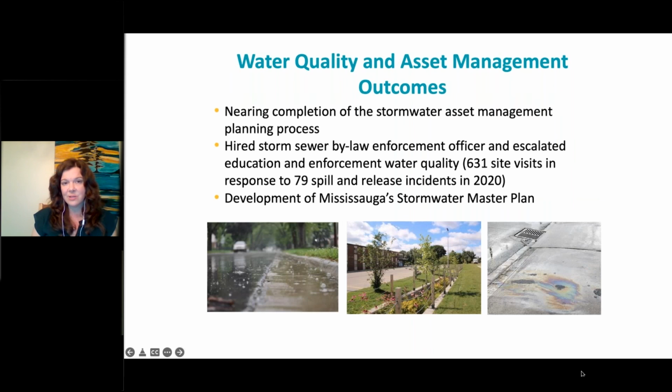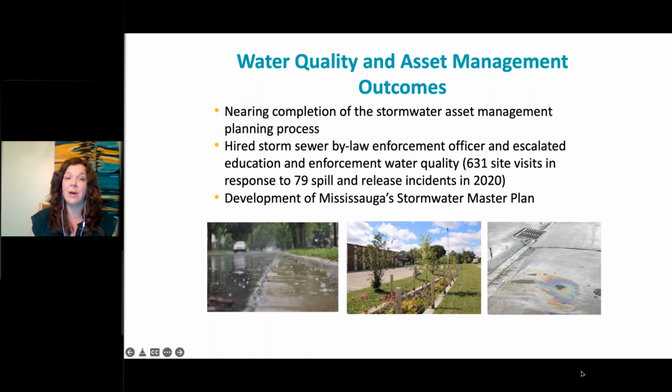But one of the great things about implementing the user fee is that it allowed us to increasingly focus on water quality and also on asset management. Mississauga is nearing completion of a stormwater asset management planning process. This is required now through provincial legislation, but at the same time, the funding has allowed us to really do a good job of that.